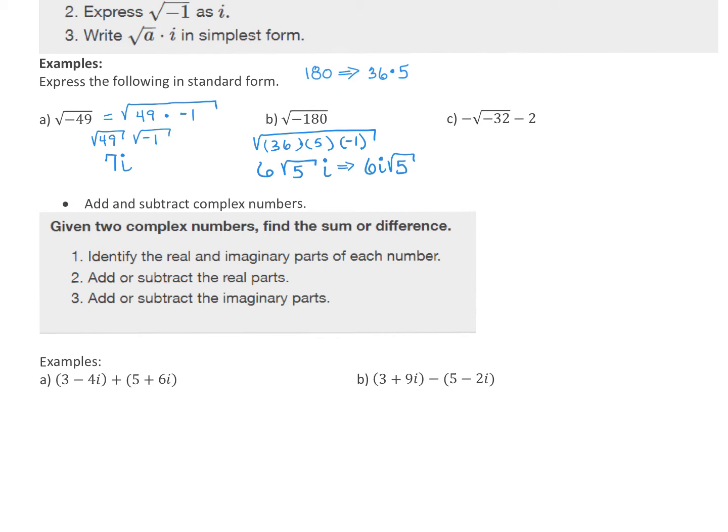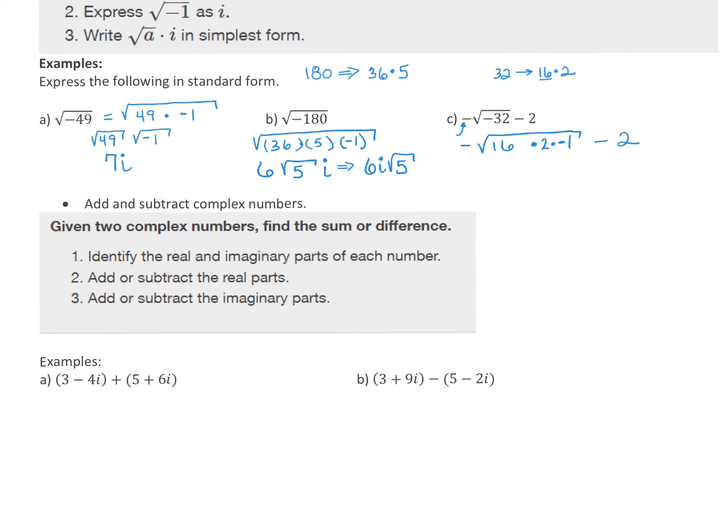Okay, one more example. This negative is on the outside of the radical, so it doesn't really matter to us except that we'll tag it on. But let's think of 32 as 16 times 2 because 16 is a perfect square. So we have 16 times 2 times -1, and then we'll subtract 2.